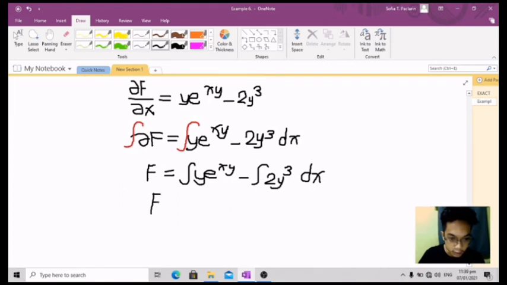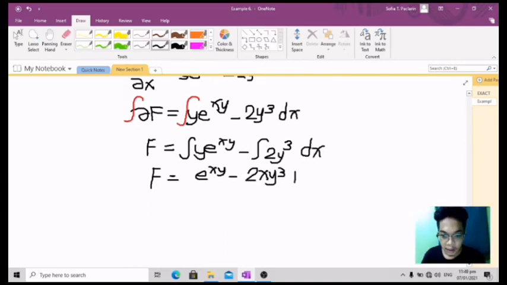F is equal to, the integral of ye raised to xy with respect to x is equal to e raised to xy, minus the integral of 2y cubed with respect to x is equal to 2xy cubed, plus p of y.